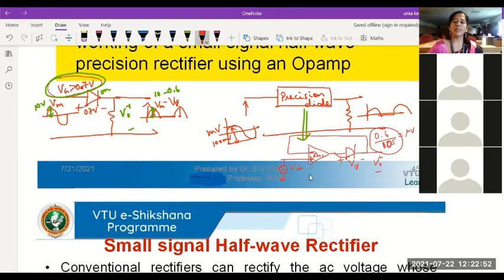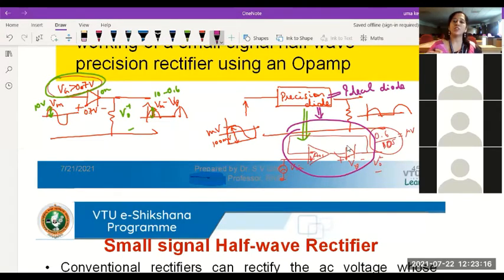Ideally, this complete setup behaves like a precision diode. A precision diode is something similar to an ideal diode. So the whole setup here works like an ideal diode or a precision diode.